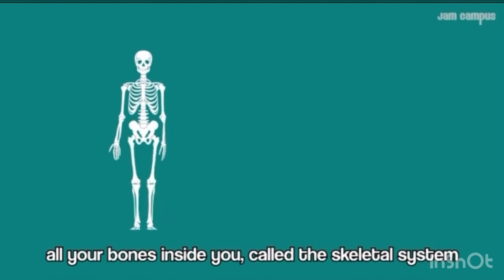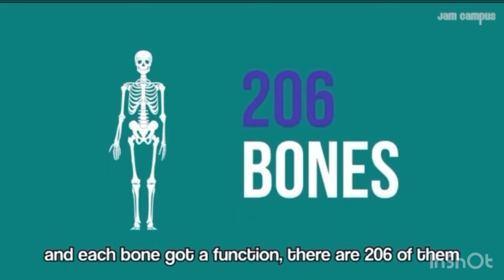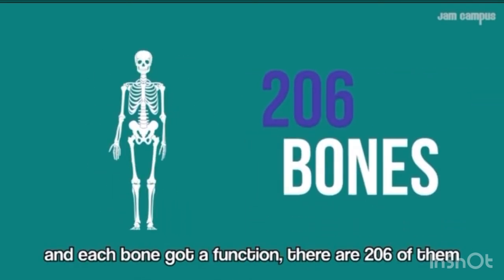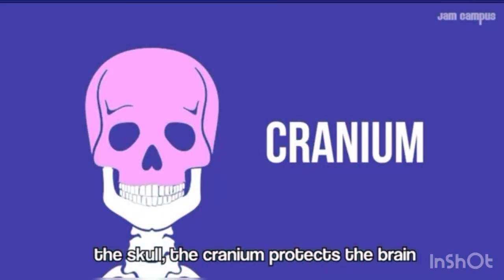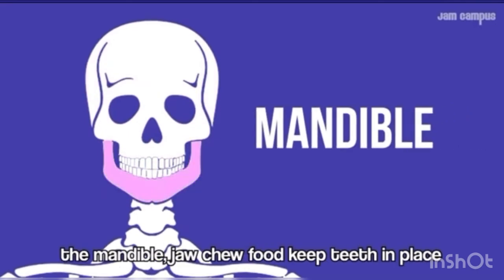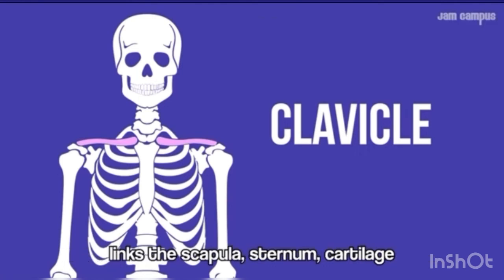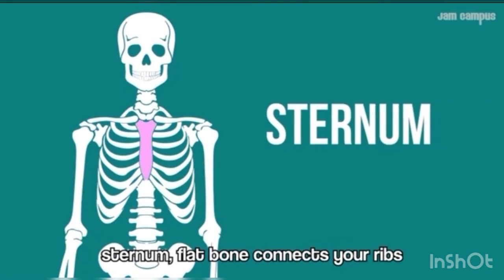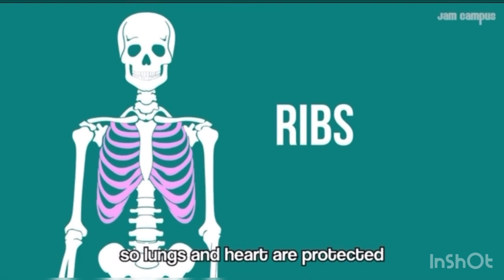All your bones inside you call the skeletal system, giving you strength and structure so that you won't flop around. And each bone has a function, there are 206 of them. 70% of each bone is made from calcium. The skull, the cranium protects the brain, the mandible, the jaw, holds teeth in place. The clavicle, the collarbone, there are two of them, links to the scapula. The sternum and cartilage keep your heart protected, and that bone connects your ribs, so lungs and heart are protected.